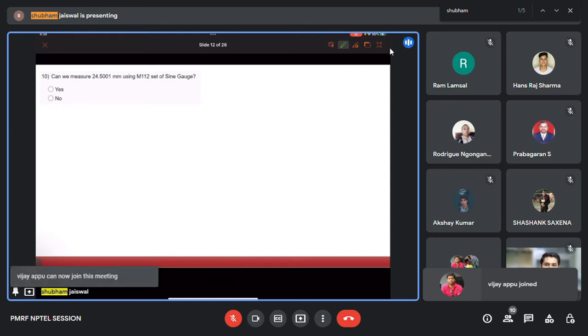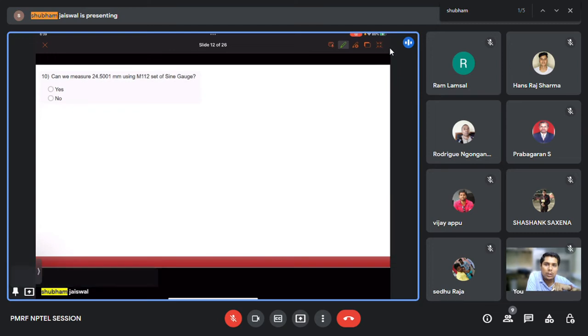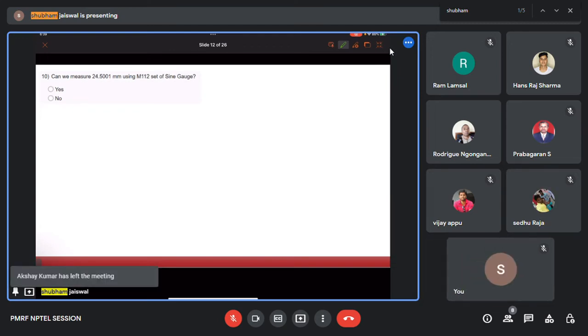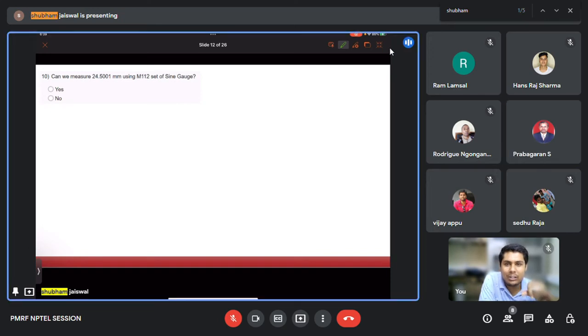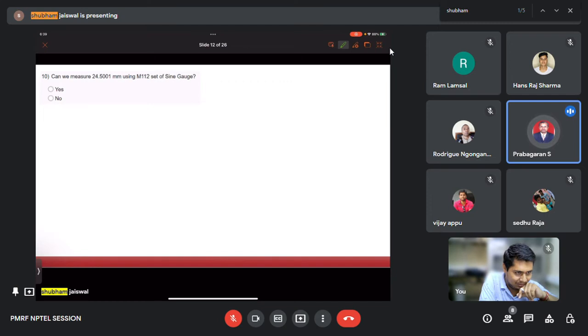Can anyone answer? Can we measure 24.5001 mm using an M112 set of sine gauge? That is 0.1 micron accuracy, least count. Am I right, sir? I don't know the quality of the M112 sine gauge. Sir, the answer is hidden inside the question itself. Can we use it? Yes, we can use it. Yes, sir, I think so.